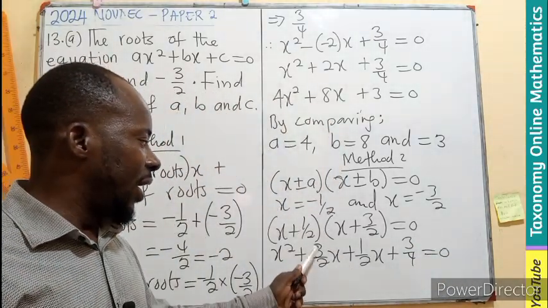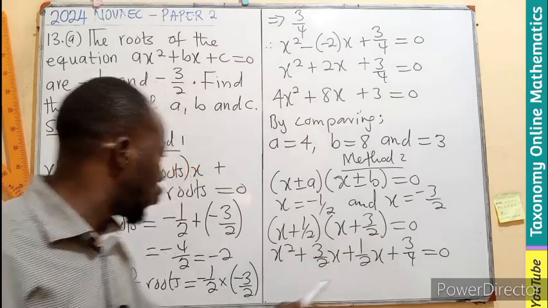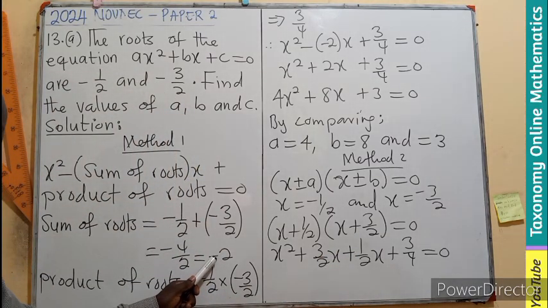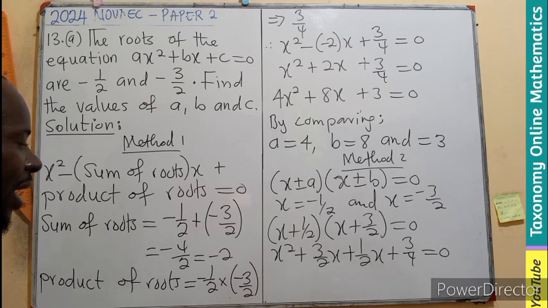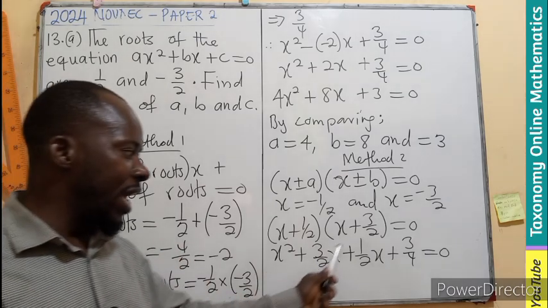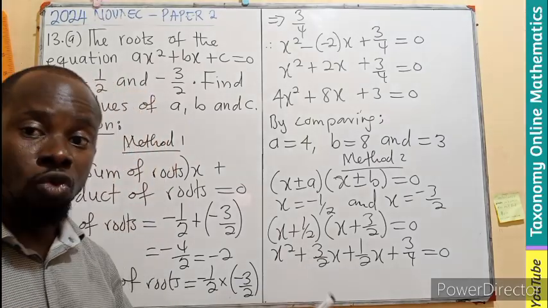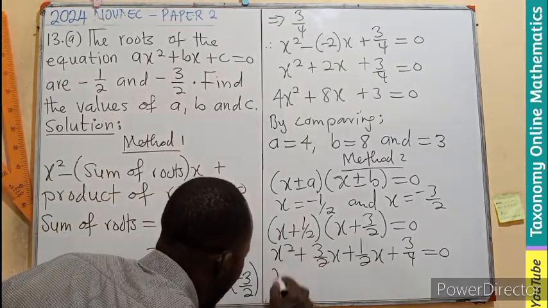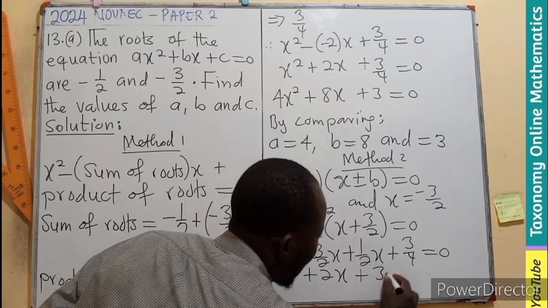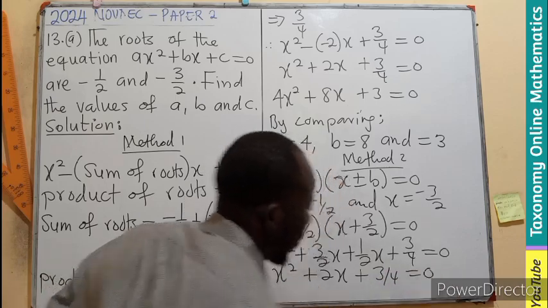Remember, 3 over 2 x and 1 over 2 x, the addition gives us 4 over 2, which is 2. So here also, it will give us a positive 2. So I'll be having x squared plus 2x plus 3 on 4 equals 0.